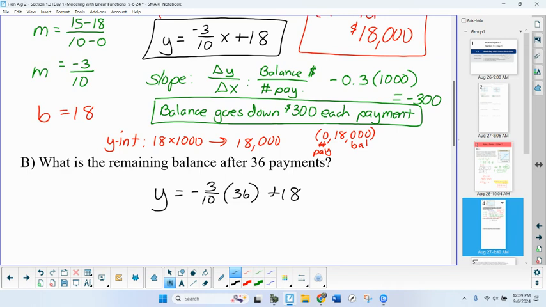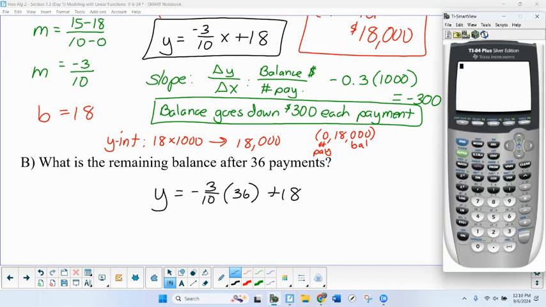Negative 3/10 or negative 0.3 times 36 plus 18. I have to be careful, I just use division times 36 plus 18. You can do it all as one step. What is it?